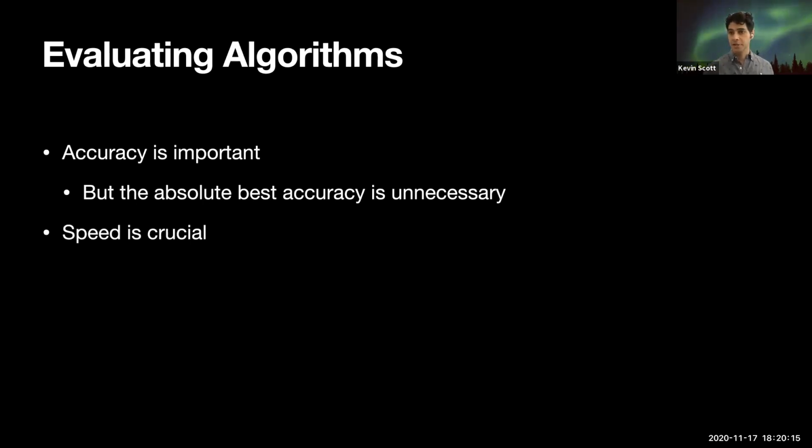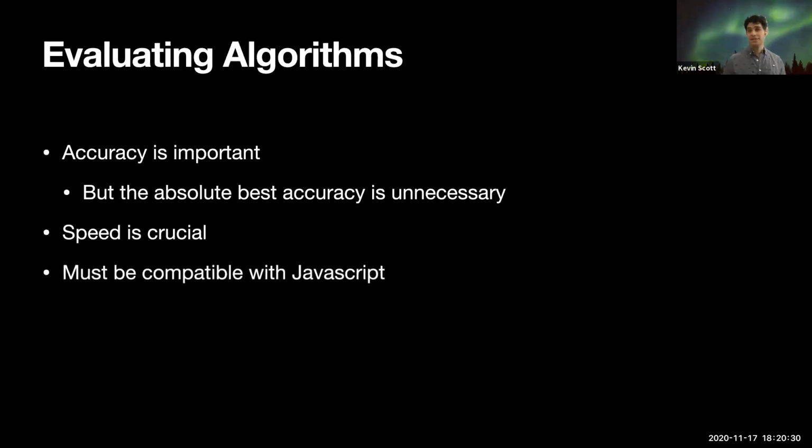To run this in the browser, it's more important to have something that is 90% accurate but takes half the time than another model that may be slightly more accurate but is much slower to run. And the last thing is that the model has to be compatible with JavaScript. If you've done some TensorFlow.js, you're probably familiar with some of the challenges of converting these models into JavaScript.